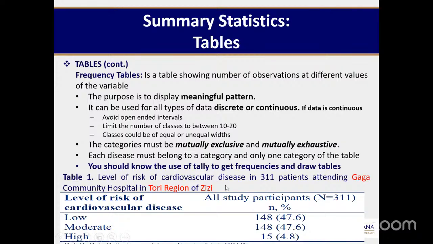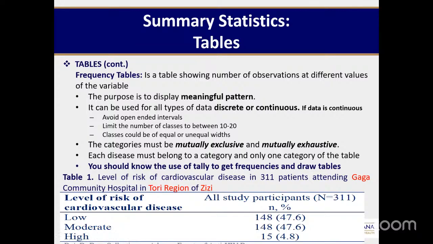So below, at the bottom of this, is an example of a frequency table. You look at the title, it says the level of risk of cardiovascular disease in 311 patients attending a certain community hospital in a region of a country.